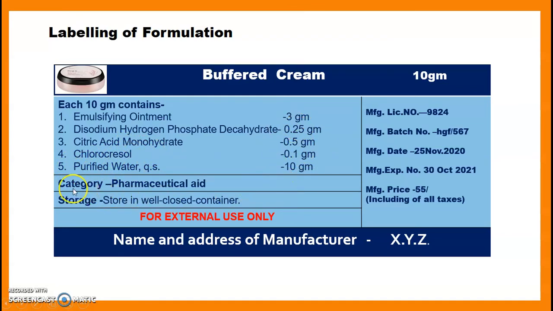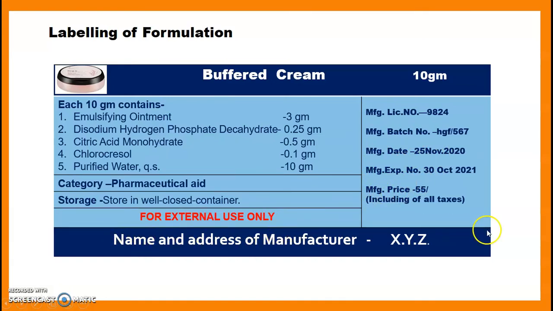Then the category of our preparation is pharmaceutical aid. Storage: it should be stored in a well closed container. And then the secondary label is for external use only. And then other manufacturing details such as the manufacturing license number, batch number, manufacturing date and expiry date, maximum retail price should be mentioned on the label.